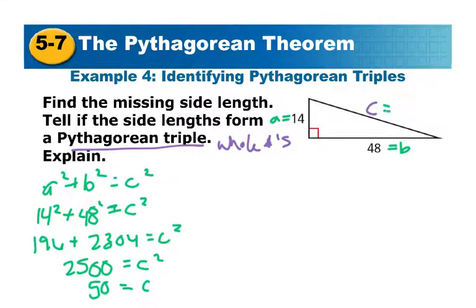So since c equals 50, is 50 a whole number? Yep. And so we know the missing side length is 50, and we also know that it is a Pythagorean triple set.